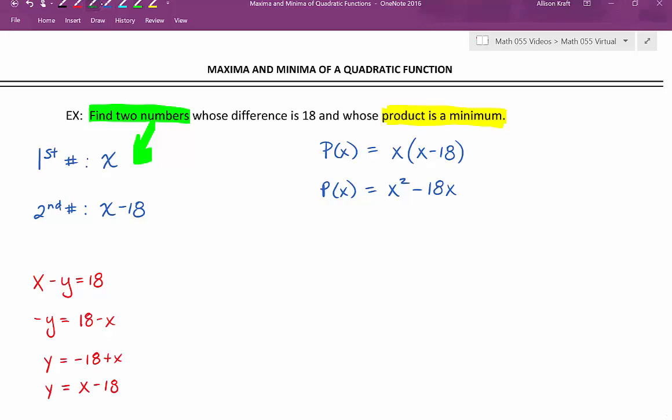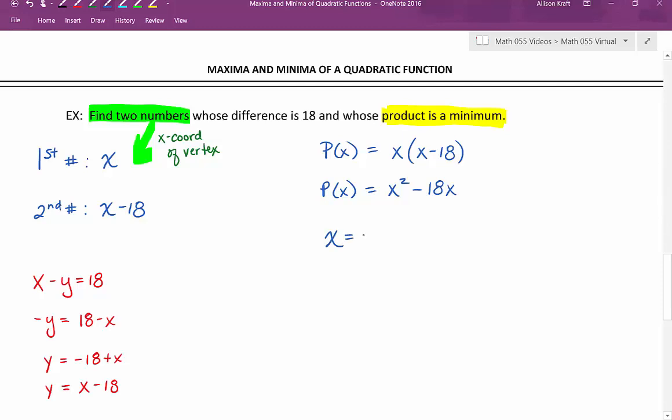In this application, we're looking for the x coordinate of the vertex. If they were actually looking for what the minimum product was, then we'd be looking for the y coordinate of the vertex. But they're asking us to find two numbers, and we used x to represent our numbers.